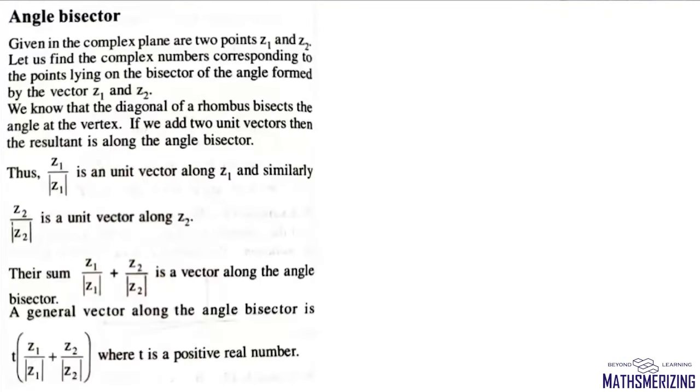There could be questions on angle bisector also. Now in vectors we know that if we are given two vectors A and B, then its internal angle bisector is given by A cap plus B cap. Now we'll use the same fundamental here.